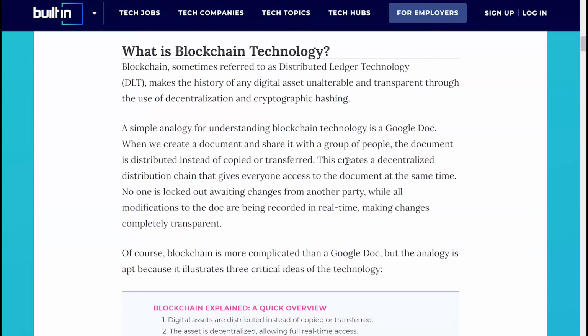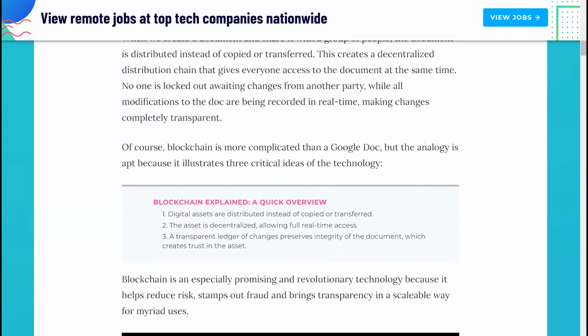No one is locked out awaiting changes from another party, while all modifications to the doc are being recorded in real time, making changes completely transparent. Of course, blockchain is more complicated than a Google Doc, but the analogy is apt because it illustrates three critical ideas of technology.